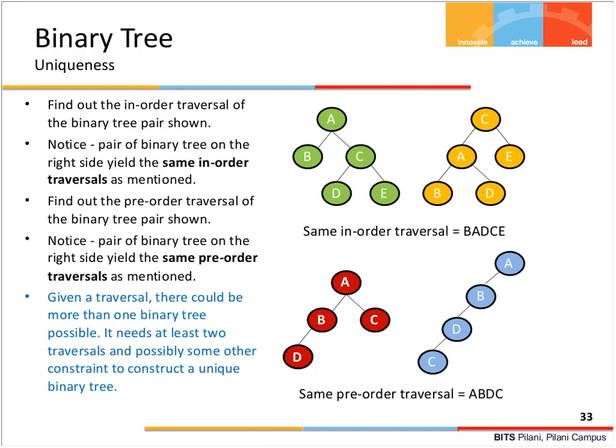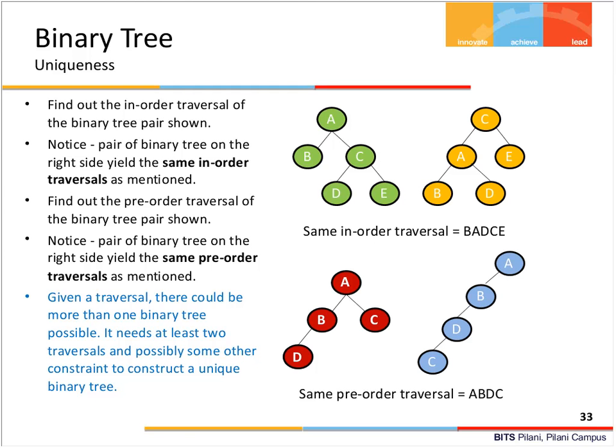Normally what happens, you need at least two traversals, in-order traversal and one more, and maybe some other condition to define a unique binary tree. This is a requirement, and then I have a few questions related to that. The point which I am trying to bring forth is that you need two traversals and some condition to define a binary tree uniquely.